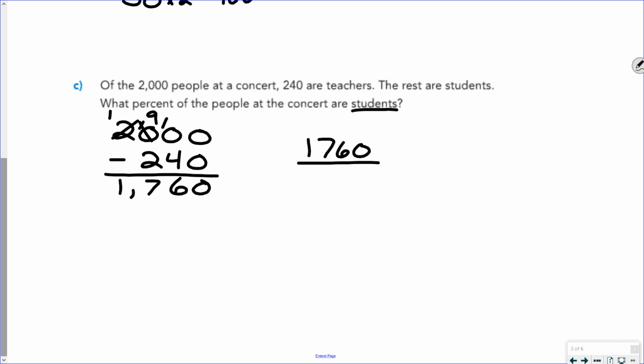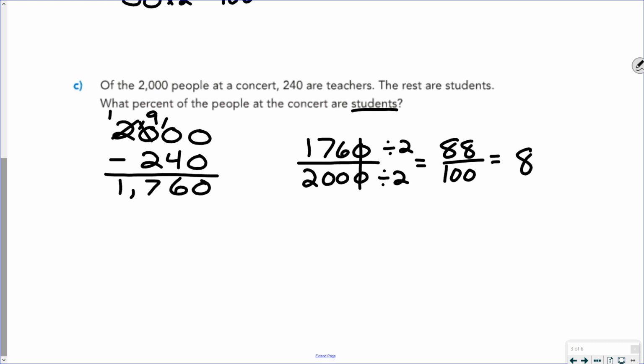That'd be 1,760 over 2,000. Since they both end in 0, we can eliminate those zeros. And to get that denominator to be 100, we would divide 200 by 2, which means we take 176 divided by 2. That would give us 88 over 100. So our percentage would be 88%.